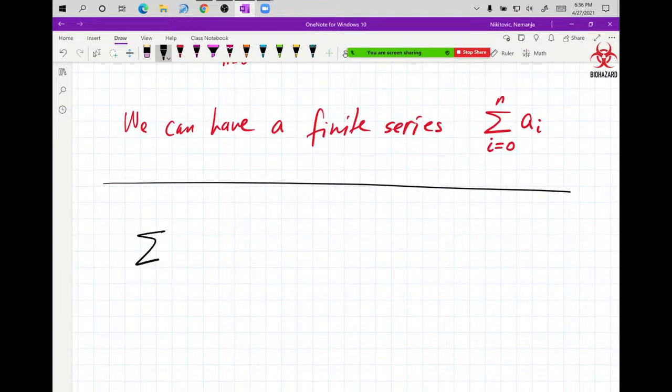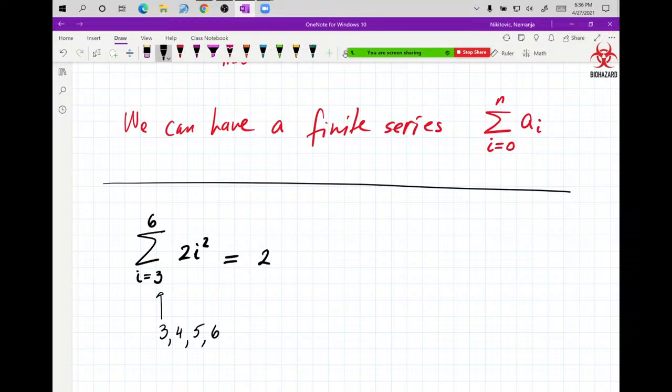So, summation. Say i starts at 3 and goes to 6 of 2i squared is what? Well, the first time around, i is 3. Then it will be 4, then it will be 5, and we have to stop at 6 because the upper limit says stop at 6.